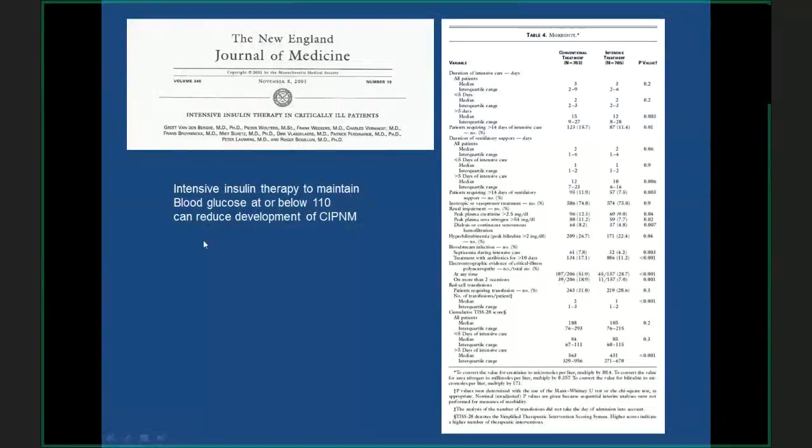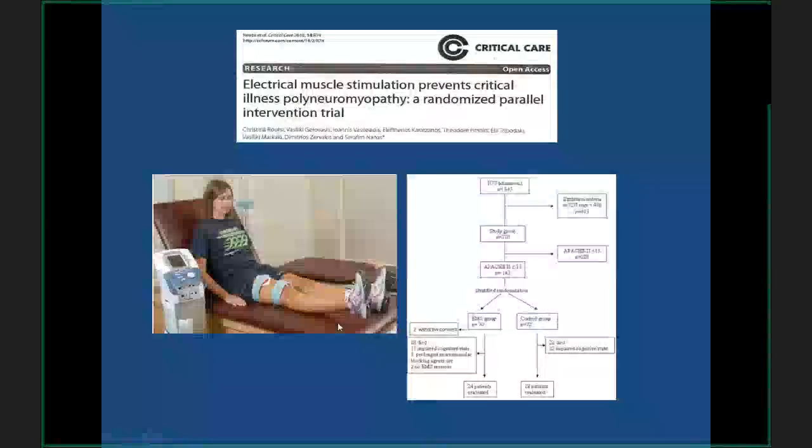So the conclusion is that intensive insulin therapy to maintain blood glucose at or below 110 can significantly reduce development of CIPNM.